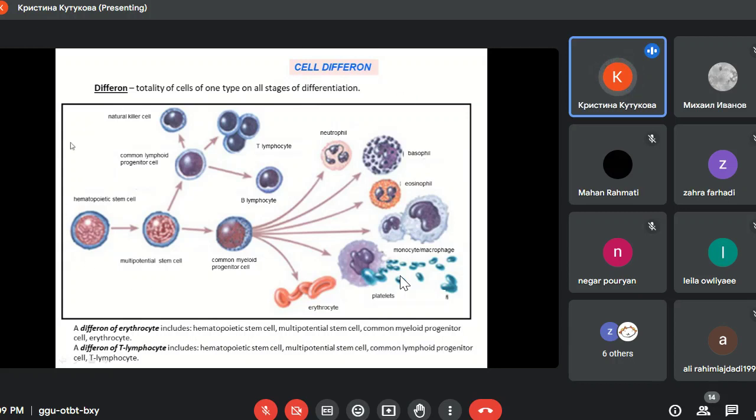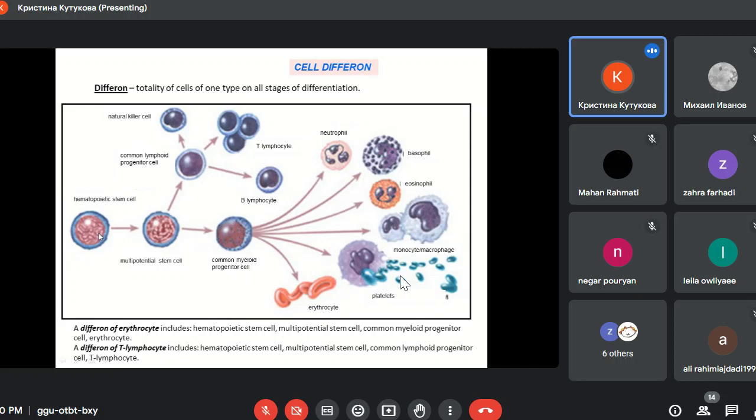Here you can see the diagram of developing formed elements of blood, and in this picture you can see that all of the blood cells, such as lymphocytes, neutrophils, basophils, macrophages, platelets, and erythrocytes, all develop from one stem cell, which is called hematopoietic stem cell. So it is the first stage of development for all of them.